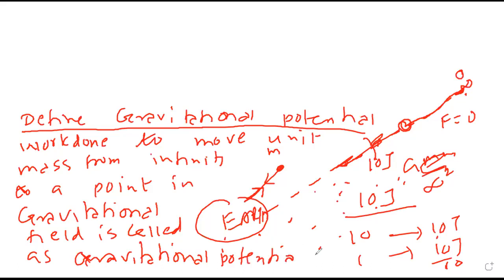The work done to move unit mass from infinity to a point in gravitational field is called gravitational potential. Write down. Exactly same thing you are going to see in electrostatic chapter. Mass will become charge. That's it. Can you explain again? Write down, again I'm explaining. First write down, then I will clear the screen and explain it. Don't worry.